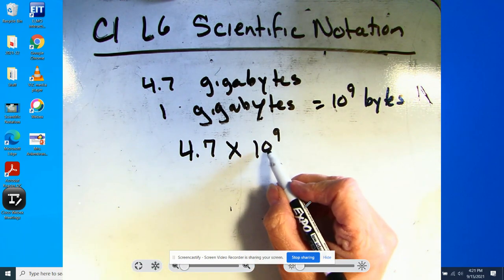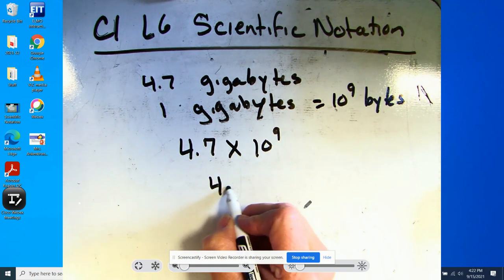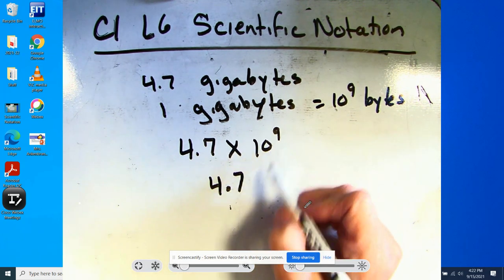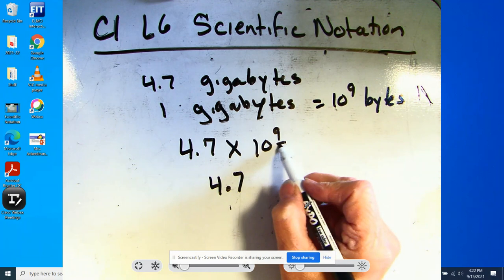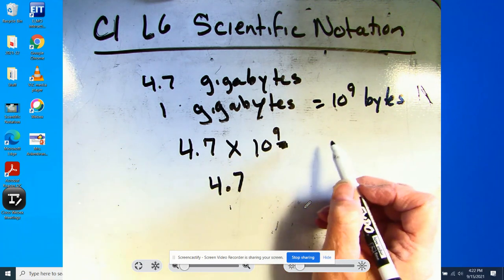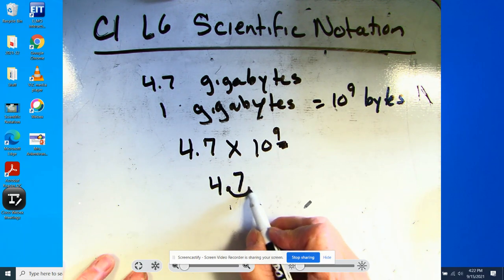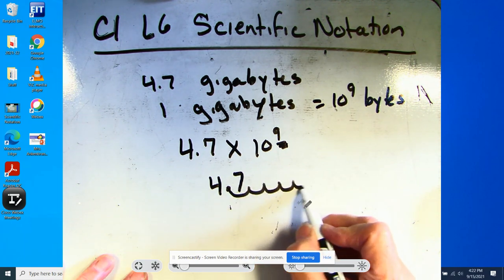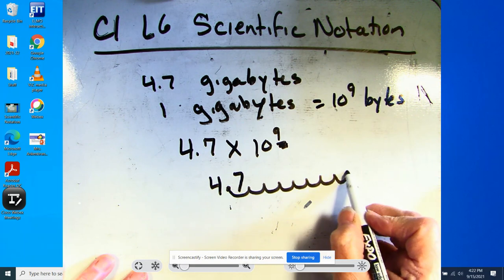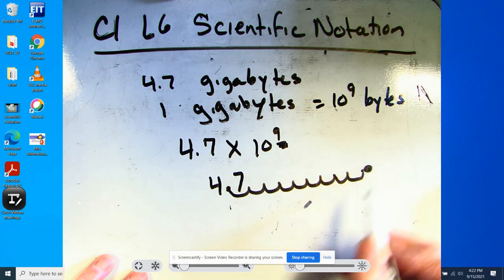So in order to do this, we're going to take our 4.7 and we are going to move the decimal place 9 places to the right. Okay? We added a 0, 2, 3, 4, 5, 6, 7, 8, 9. Our decimal place is now here.